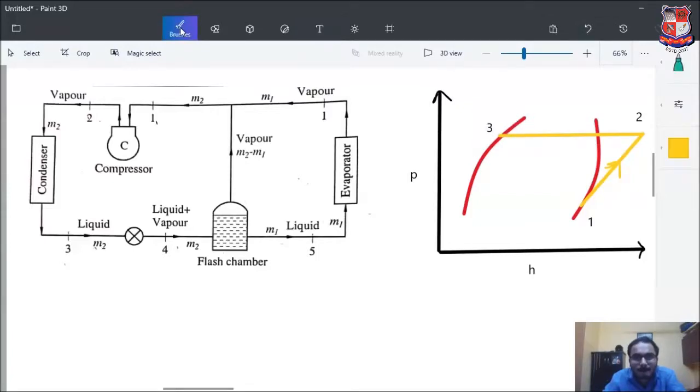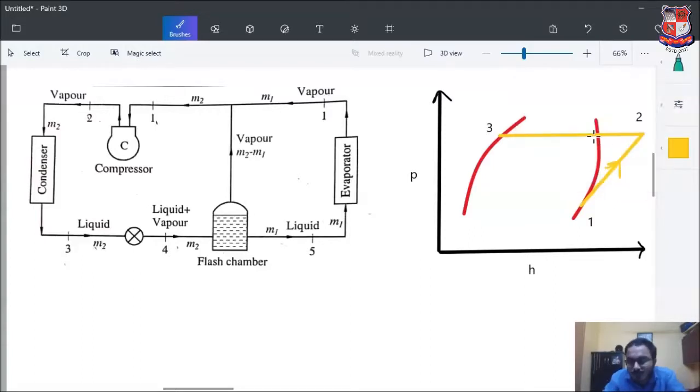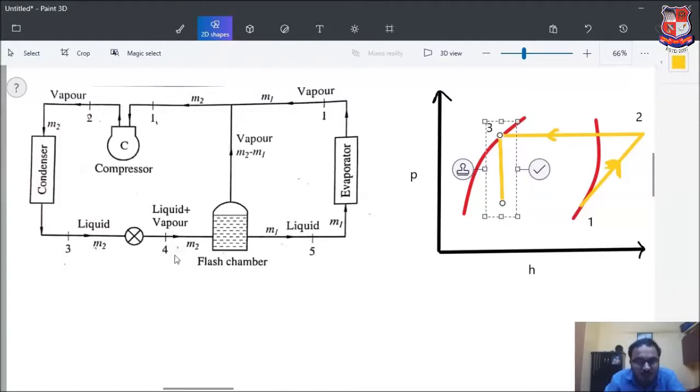And this will be the arrow for that. Now from point number 3 to point number 4 expansion is happening, so here we can draw expansion as a constant enthalpy process, and as you can see we are reaching towards point number 4.